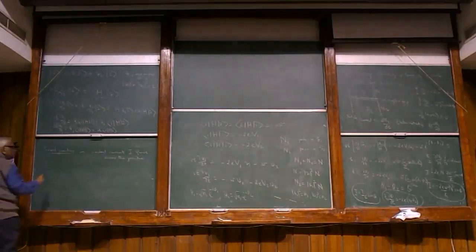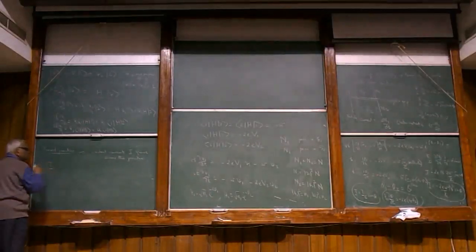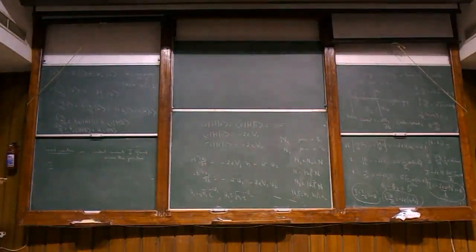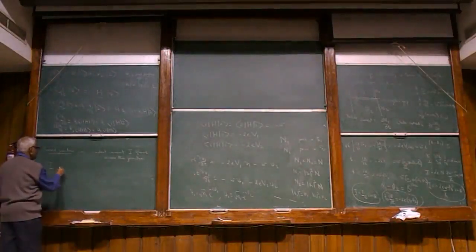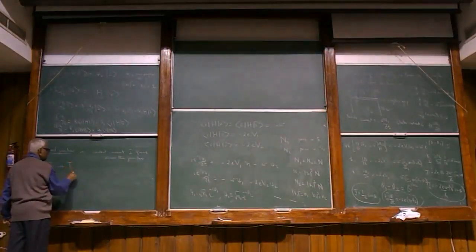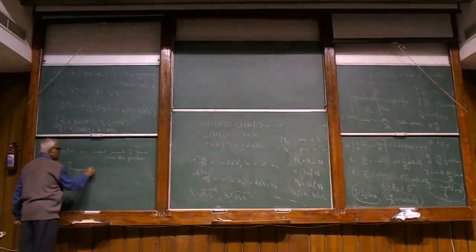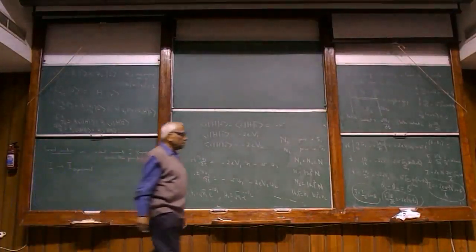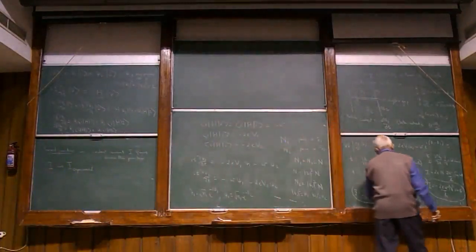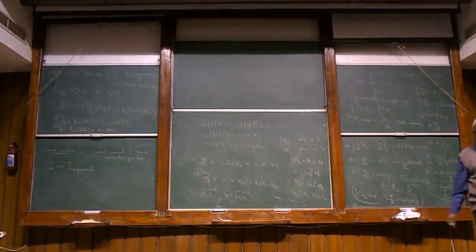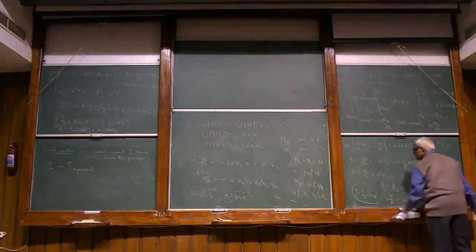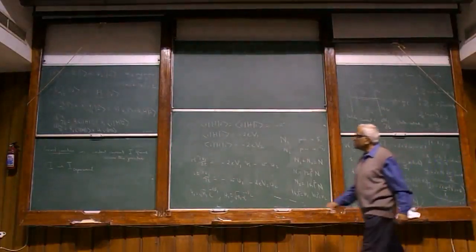Now what does I consist of? You have the supercurrent, which we have just derived. In terms of the system parameters, I have a supercurrent which is IC times sine theta.